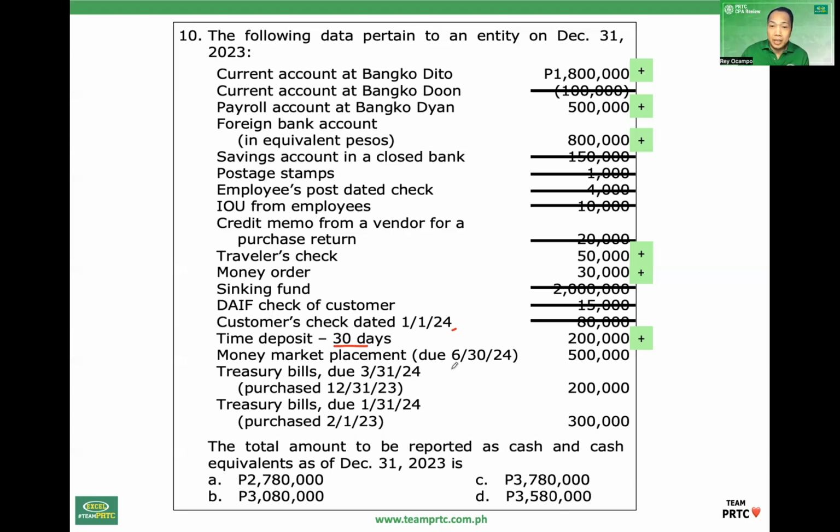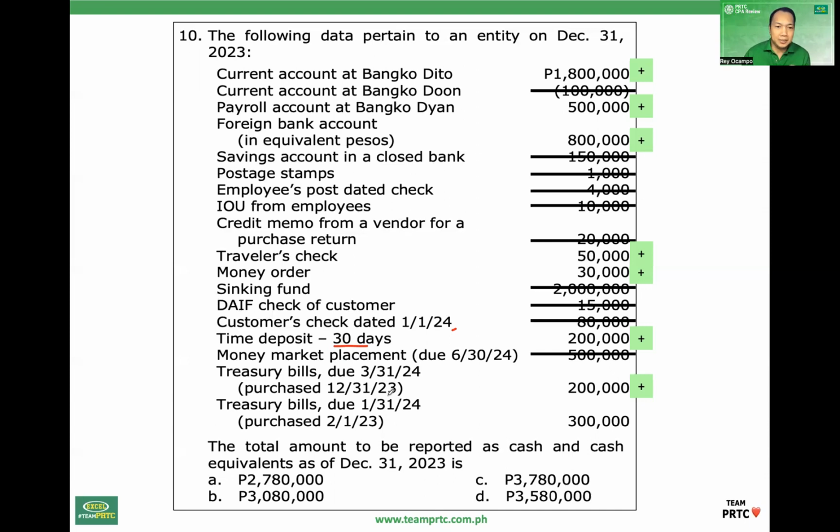Money market placement due June 30. That's more than 3 months. Exclude, investment, in particular short term. Treasury bills due March 31, 24, acquired December 31, 23. Not more than 3 months. Include, cash equivalents.